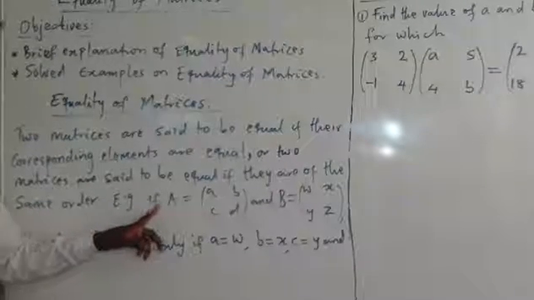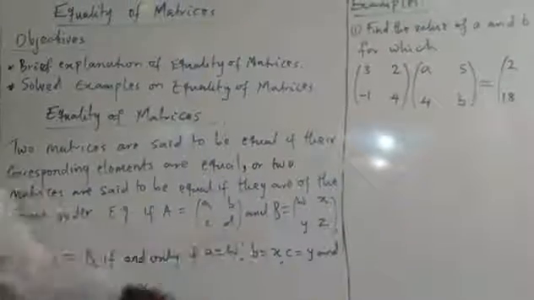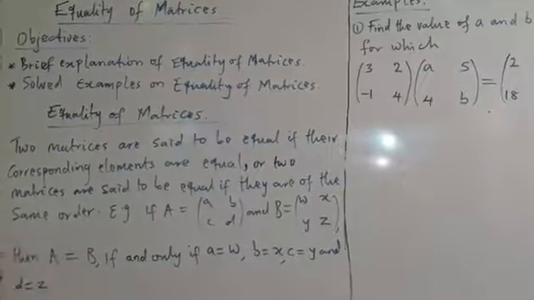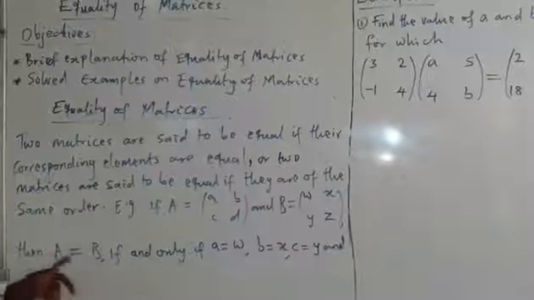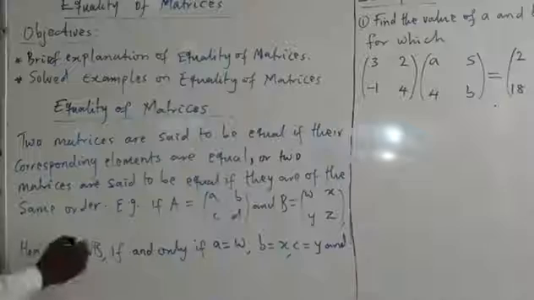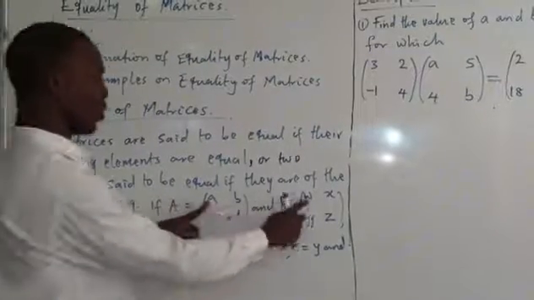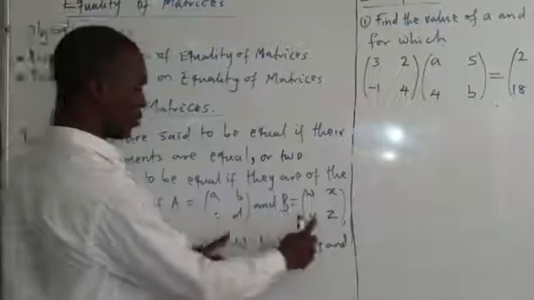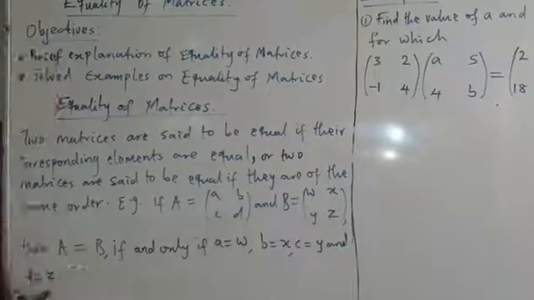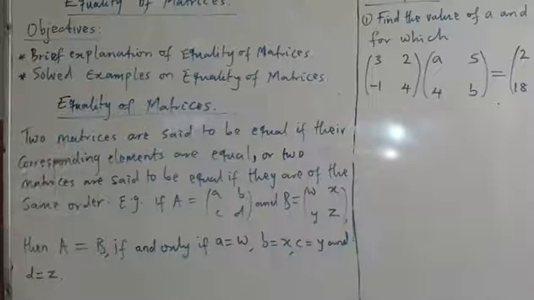For example, if a matrix A is given as a, b, c, d, and matrix B is given as w, x, y, z, then matrix A is equal to B if and only if a equals w, b equals x, c equals y, and d equals z. So this is the brief explanation of equality of matrices.